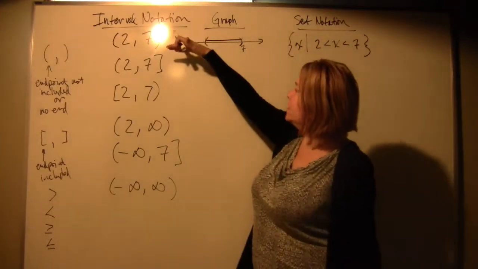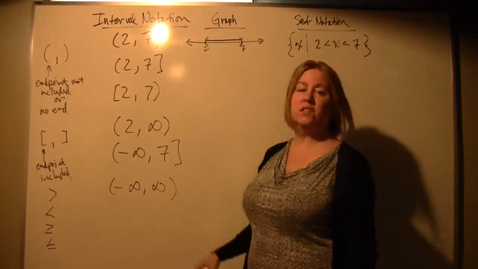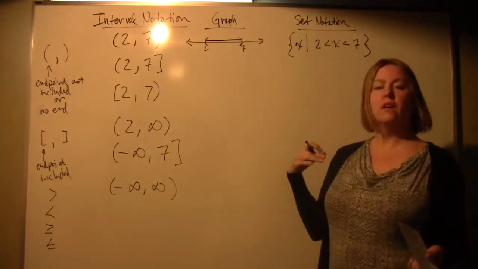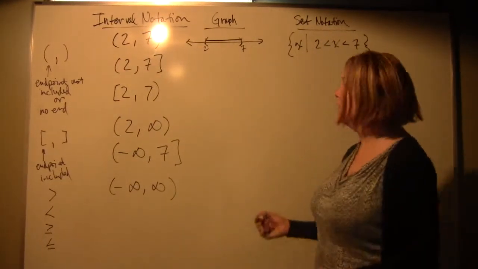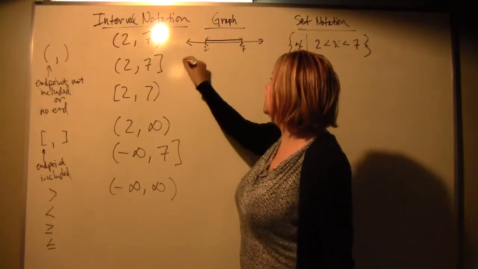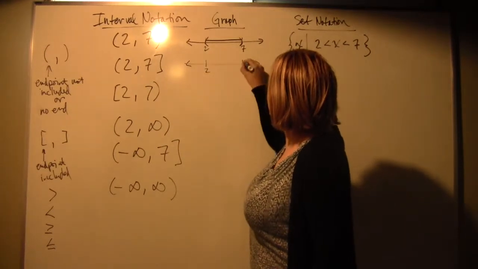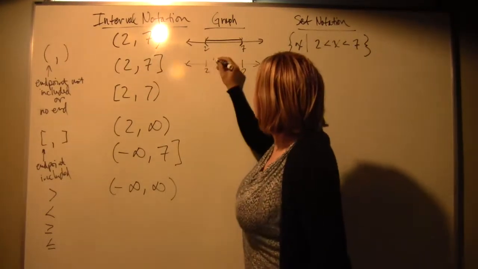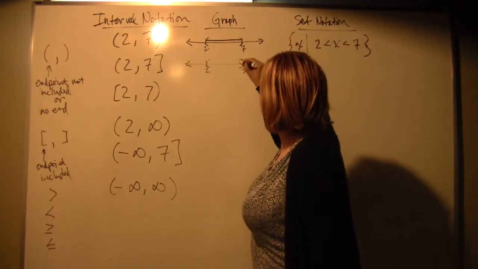So this is just the same kind of example using different combinations of parentheses and brackets, and some we're going to talk about infinity and negative infinity. So this one from 2 to 7, this time the 7's included. So we have our 2, we have our 7. The 2 gets a parenthesis and the 7 gets a bracket.